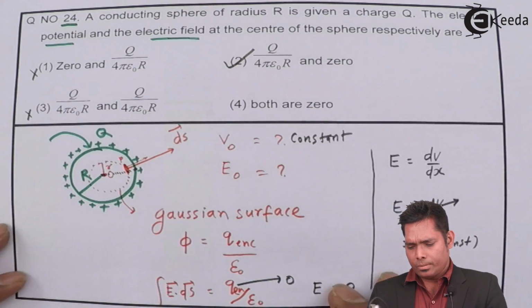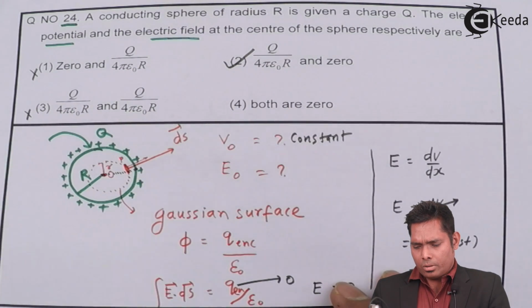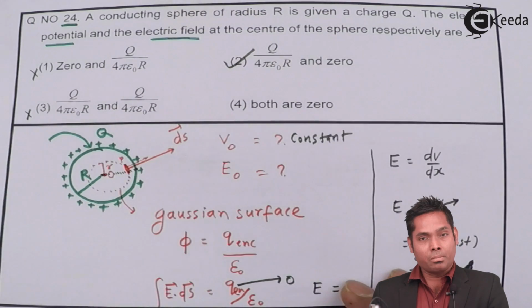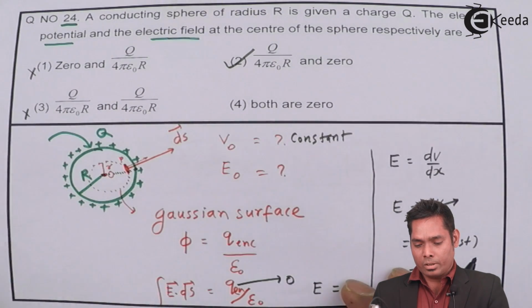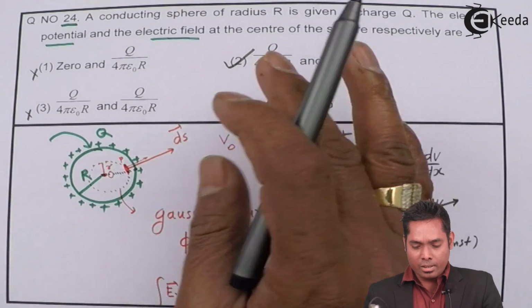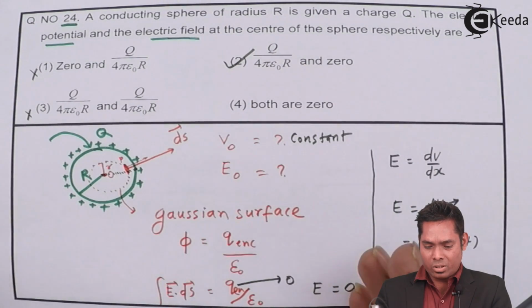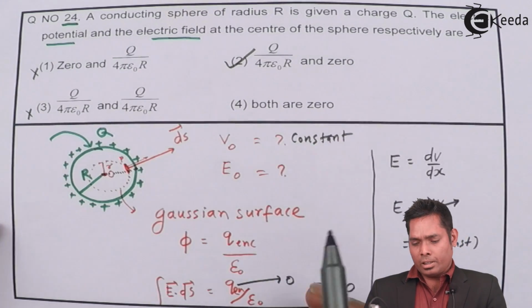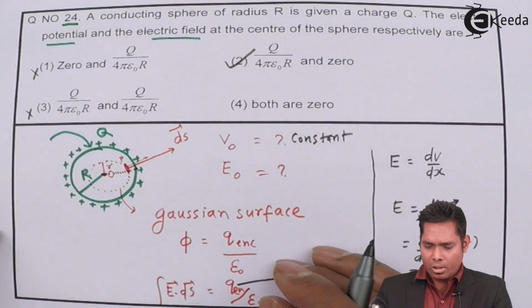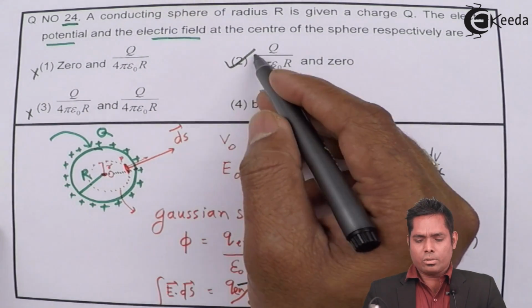So in a conducting sphere, it is not possible. Electric field is 0 inside. That is the answer in case of electrostatics. In electricity, it does exist. Okay, so this is the answer to this question.